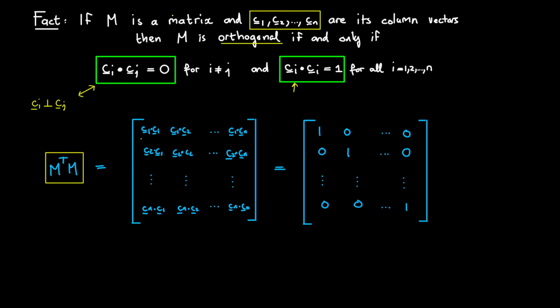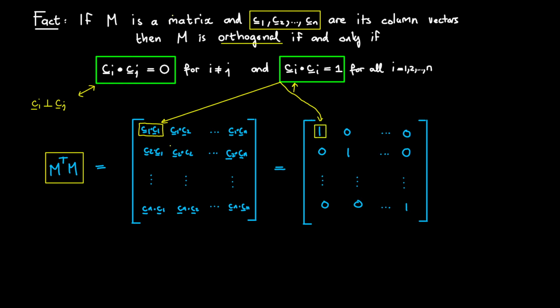The result is that if these two conditions hold, in other words, Ci is mutually orthogonal with Cj, then the matrix product here is just going to be the identity matrix. Why is that? Because if I take C1 dot C1, then this condition tells me that this entry must be exactly 1.